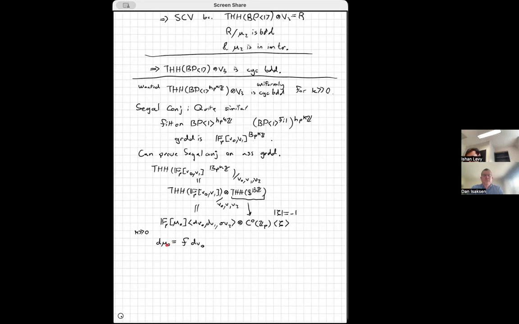This was the differential that we had when computing THH of BP1. And similarly, the differential on mu0 to the p is some function, I'll call it g, times dv1. The point is that f and g have the property that when you evaluate at 0, you had better get 1, because when you evaluate at 0, you exactly get what the spectral sequence would have been for BP1.